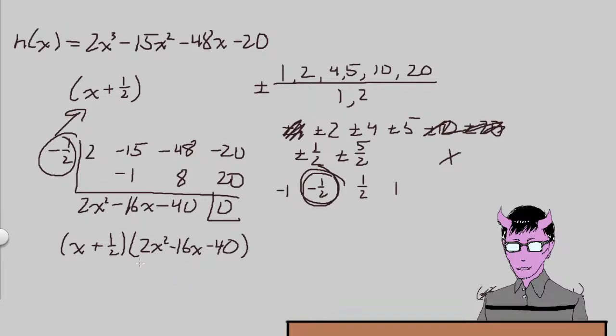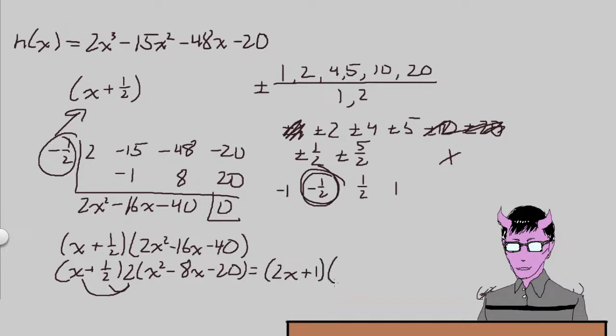So we can factor out the 2 from those 3 terms, thereby yielding x squared minus 8x minus 20. We now have 3 things multiplied together. We can take this 1 here, beautify the first factor by distributing the 2 to the half and to x. And finally getting a much cleaner situation of 2x plus 1 times x squared minus 8x minus 20.